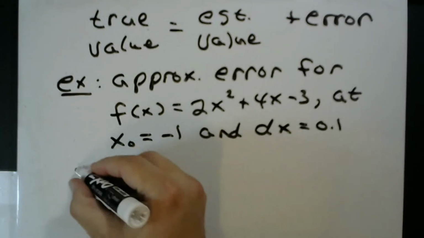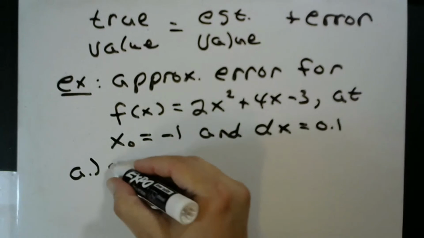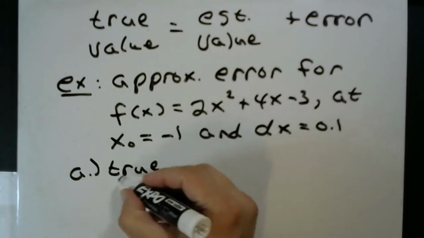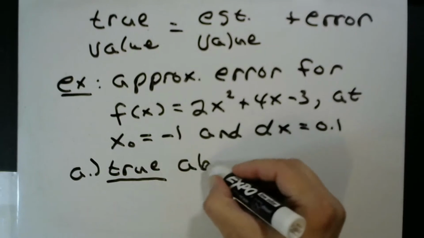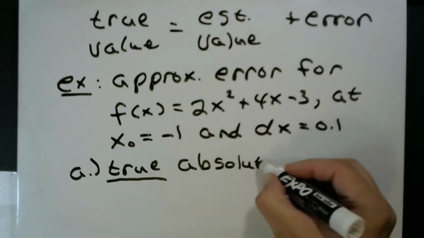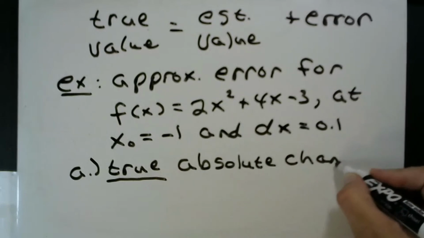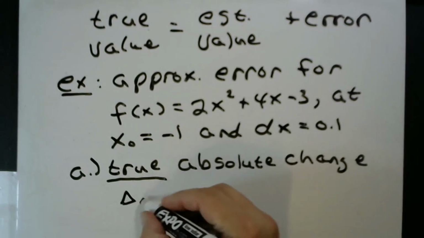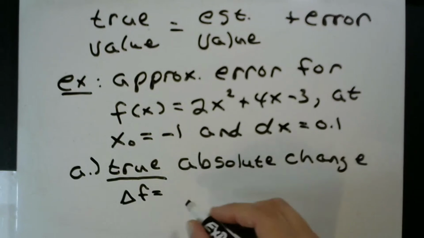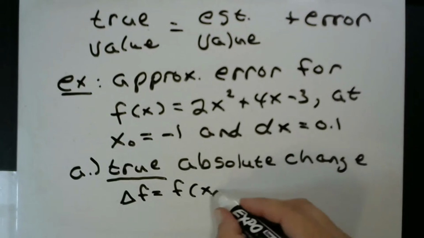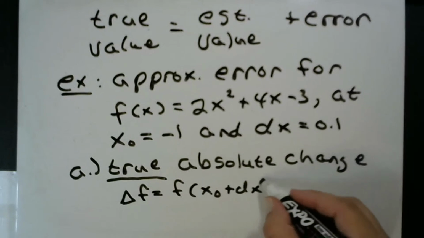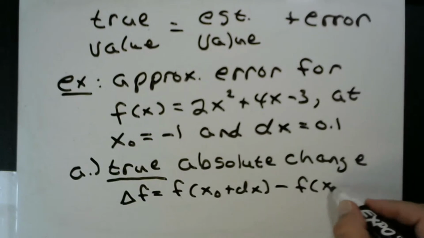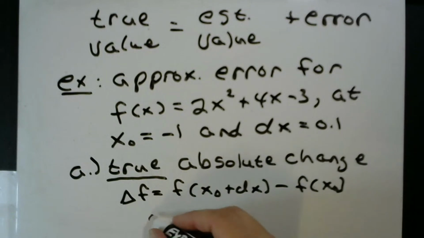Part A. We want to find the true absolute change. Well, this is delta f. So we just want the change in the function f.